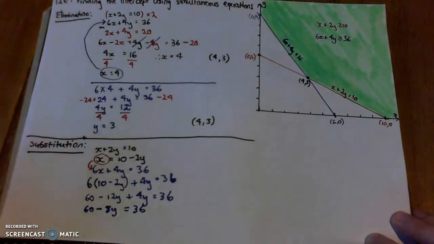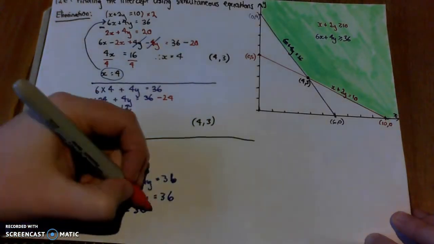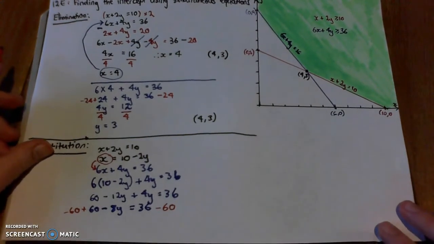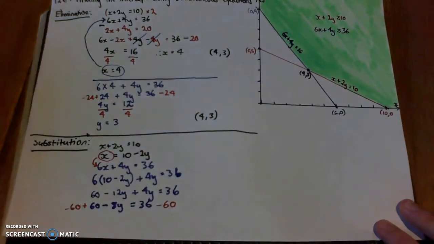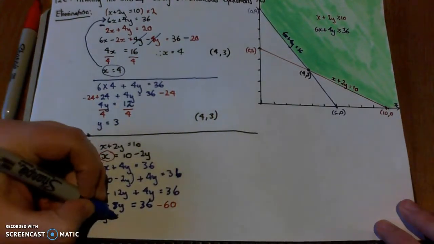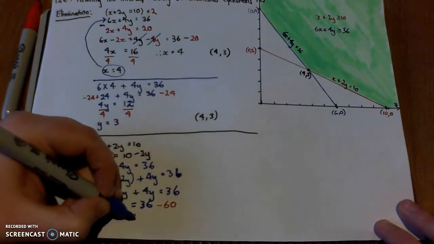Now we want to get rid of this 60 from this side, so we're going to minus 60 from the other side. And we end up with minus 8y is equal to 36 minus 60, which is negative 24.